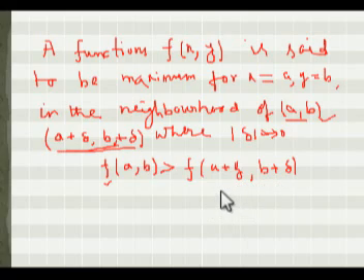This is a neighborhood of the function f(x, y). So at this point (a, b), the function's value is the maximum compared to the other values of the function in the neighborhood.